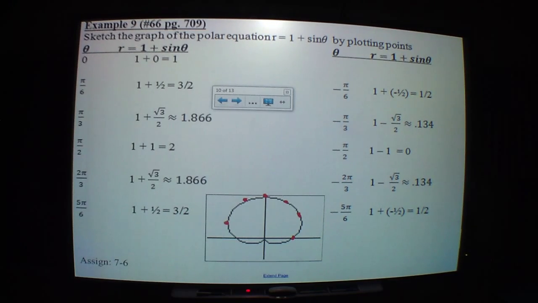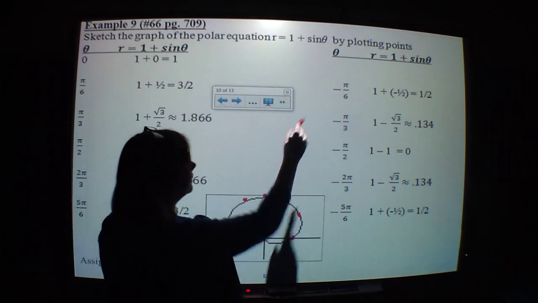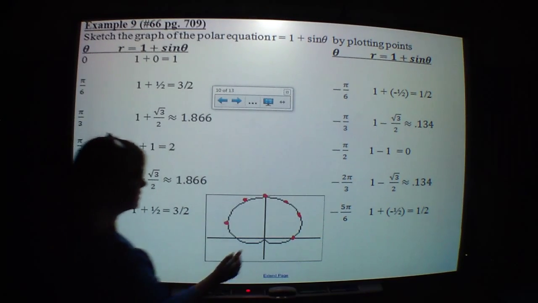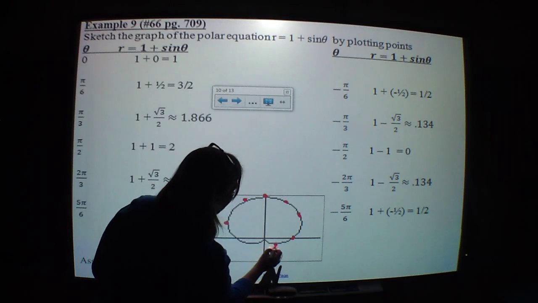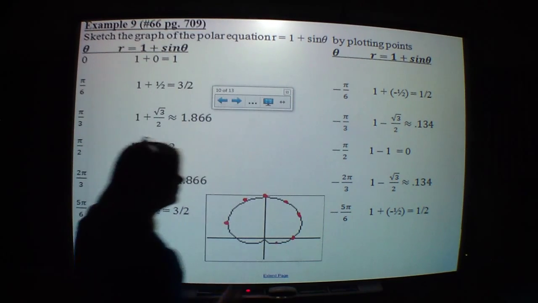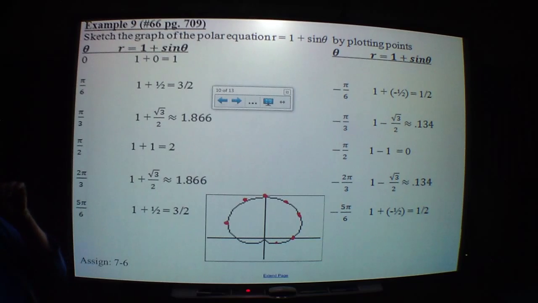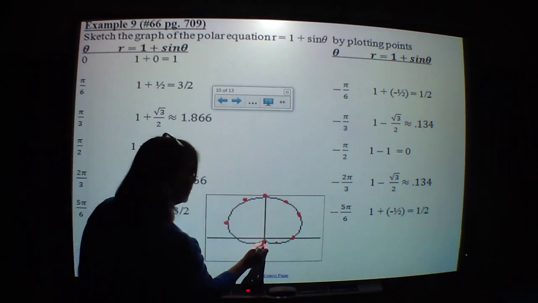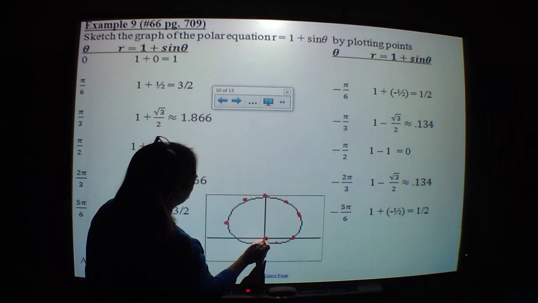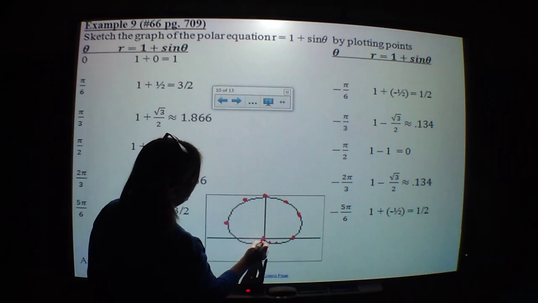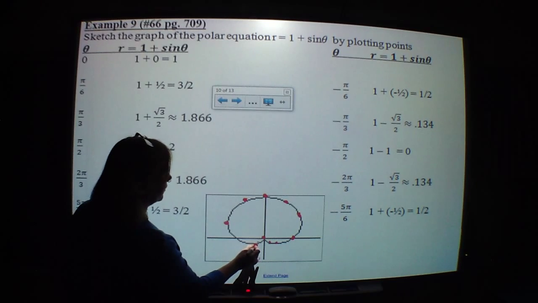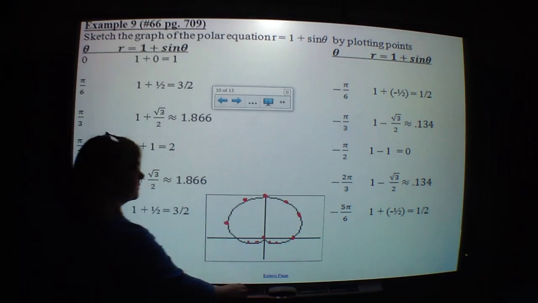You could pick pi over 4 if you wanted. That's radical 2 over 2. At negative pi over 6, instead of going 1 unit out, I'm about 1/2 unit out. And I'm even closer at negative pi over 3, and at negative pi over 2, I'm at 0, and so forth. And there are my points.